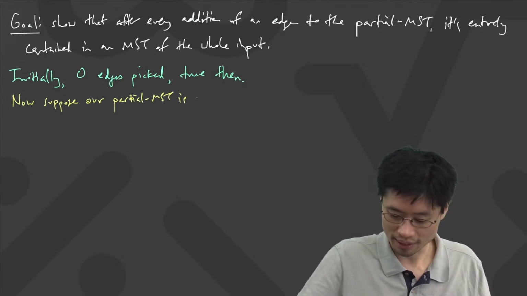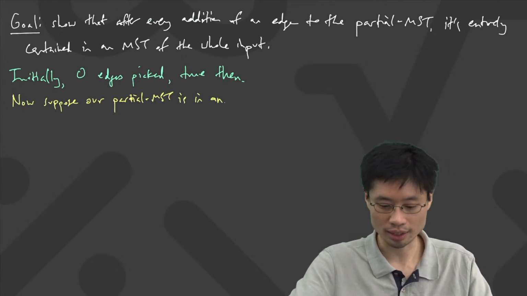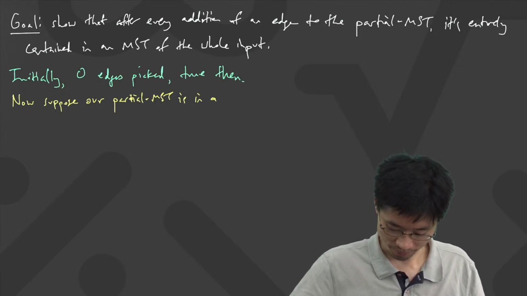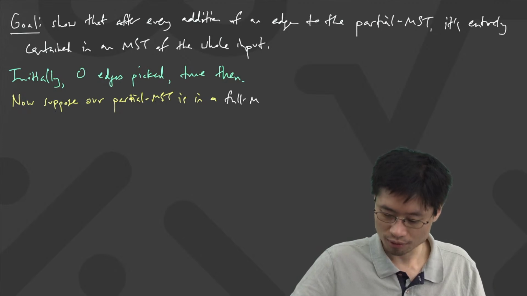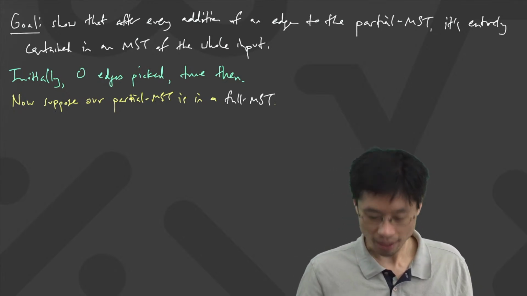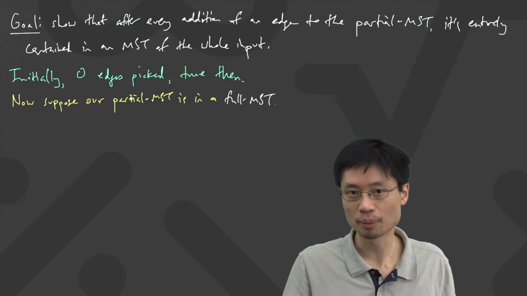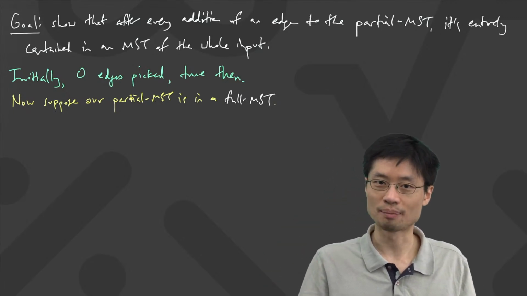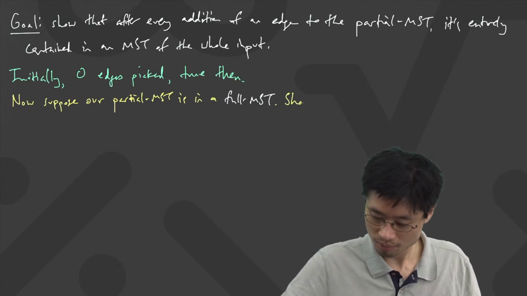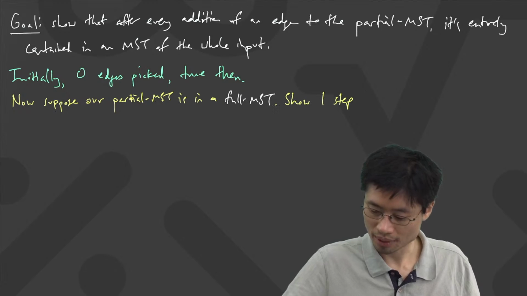What we want to show is that if you do one more step of this algorithm, your new partial MST is also part of a full MST. Show one step later, still true.